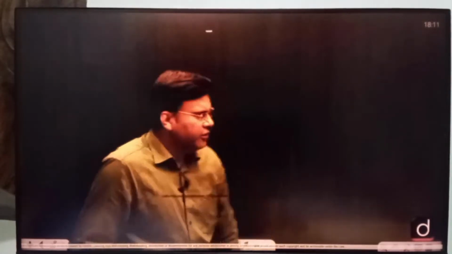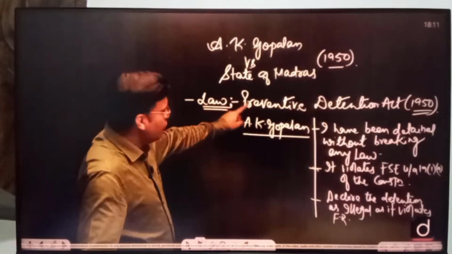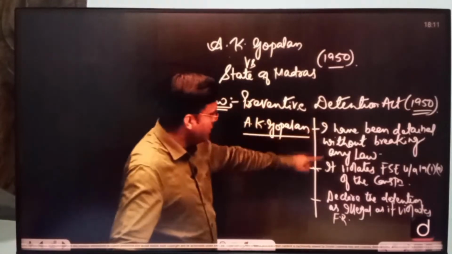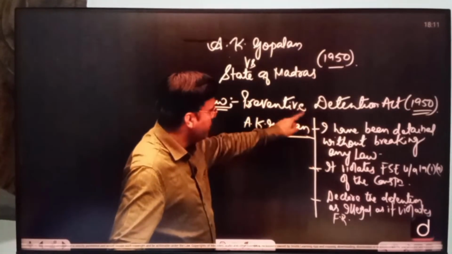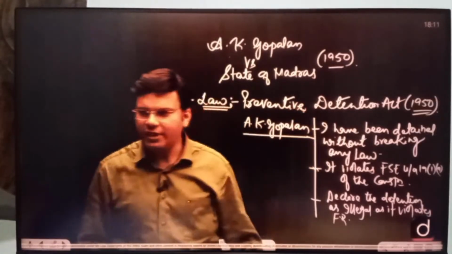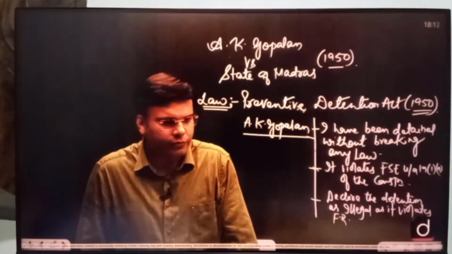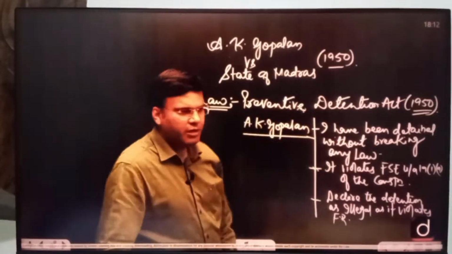So there is a law in place. If your personal liberty is violated by a law, then we can't help you because Article 21 itself says that your personal liberty can be restricted by a law. So there is already a law which is made by the parliament. So we can't help you.